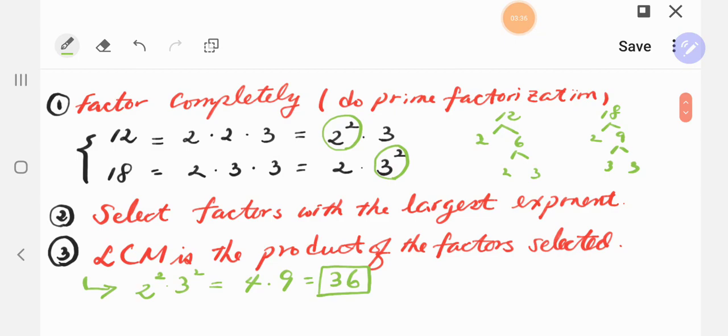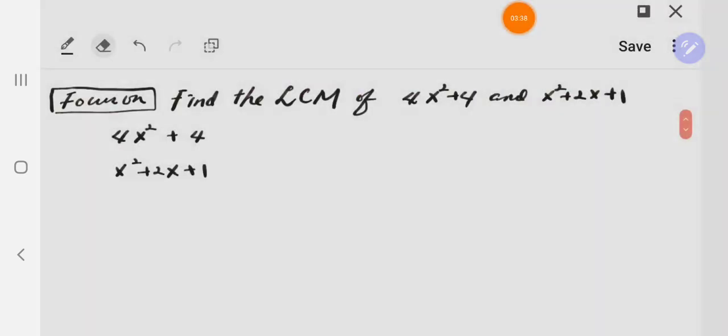Okay, so let's try an example. Focus on the question: find the LCM of two expressions. We have two polynomials, so let's factor each one. The first step is to factor each polynomial completely.